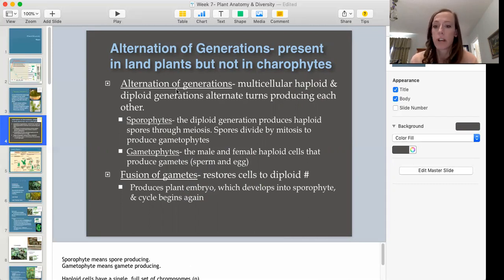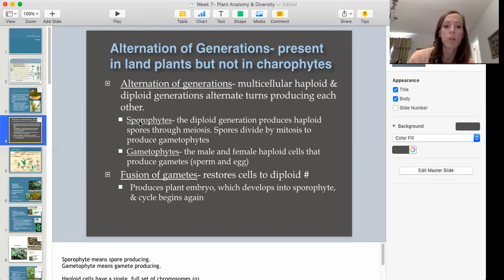So alternation of generations is a concept that can be seen in plants where one part of the plant's life cycle is a diploid generation called a sporophyte, and then another part of the plant's life cycle is a haploid gametophyte generation. And they take turns producing each other throughout the life cycle of the plant.